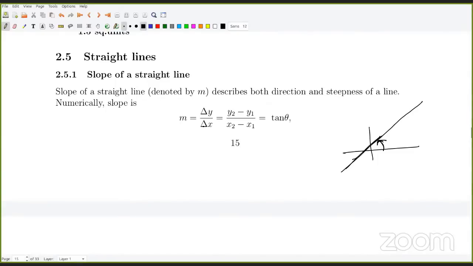Numerically, slope is given by the change in y divided by the change in x. If I change x, how much change is happening in y is the slope.